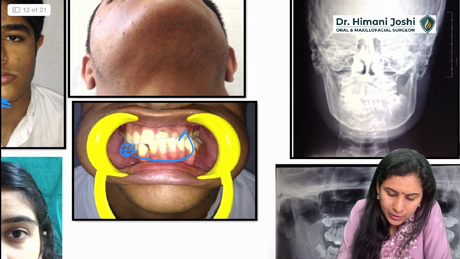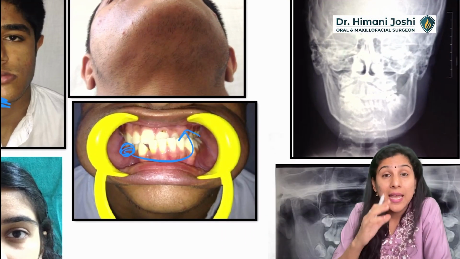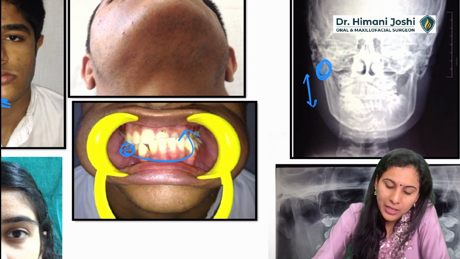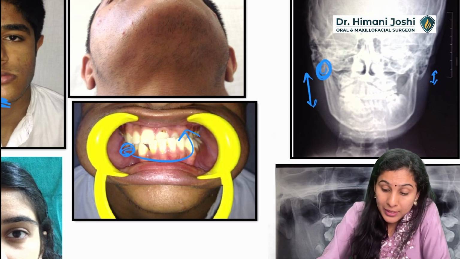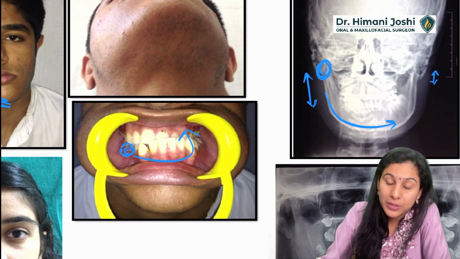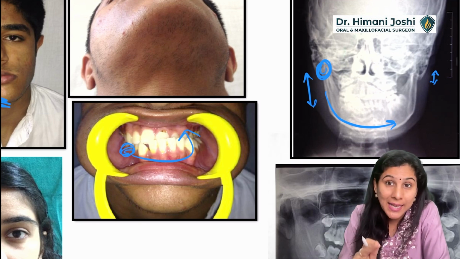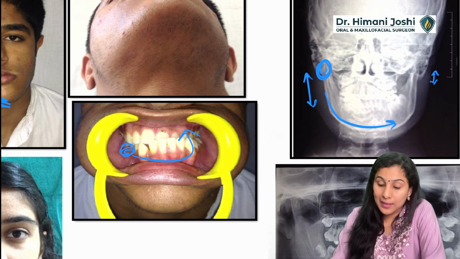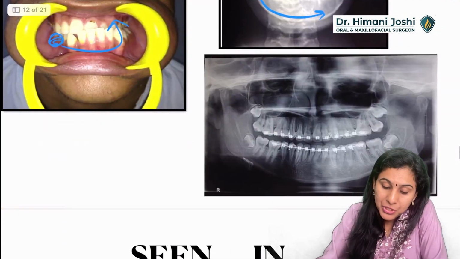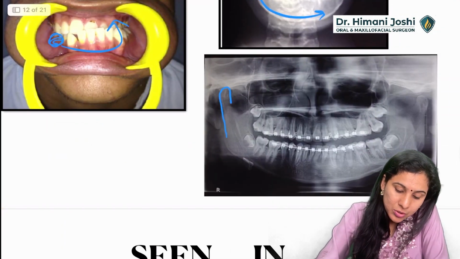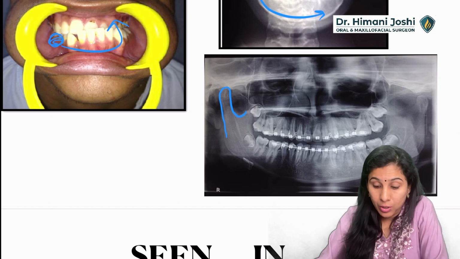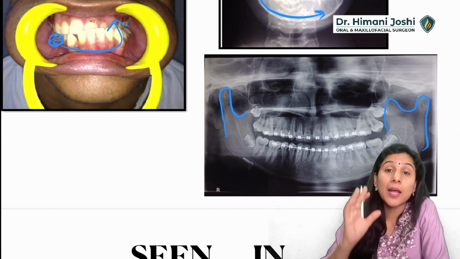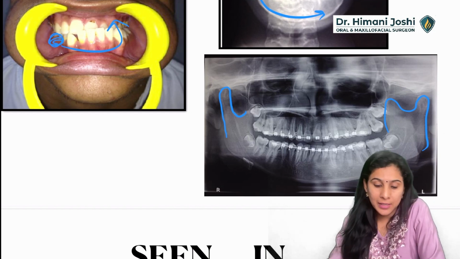It is causing crossbite on the other side, and in such cases, obviously, because this condyle is growing very fast as compared to this, there will be deviation towards the opposite side. Excess, opposite. Resorption or reduction, ipsilateral. You can appreciate that this condyle is excessively long as compared to this normal condyle. So, in cases of condylar hypertrophy, contralateral deviation.